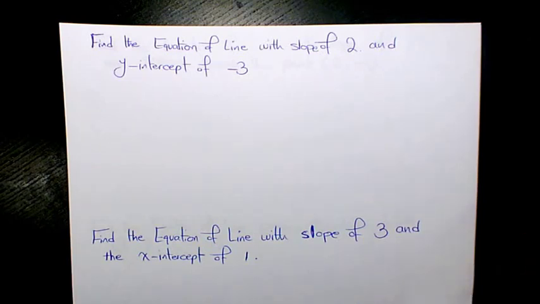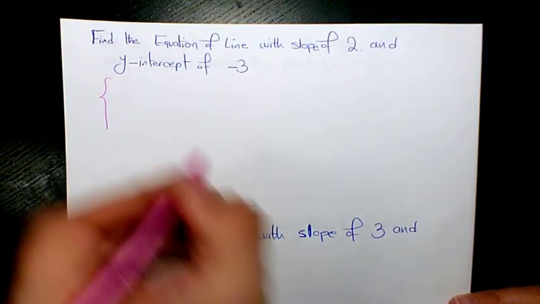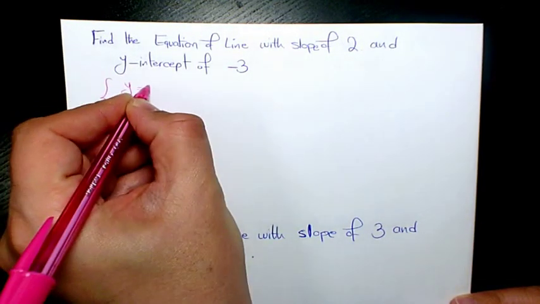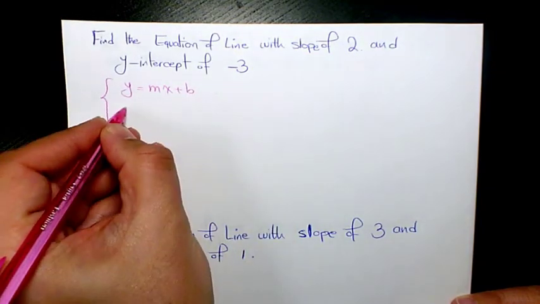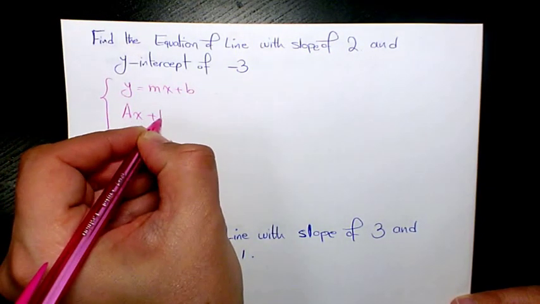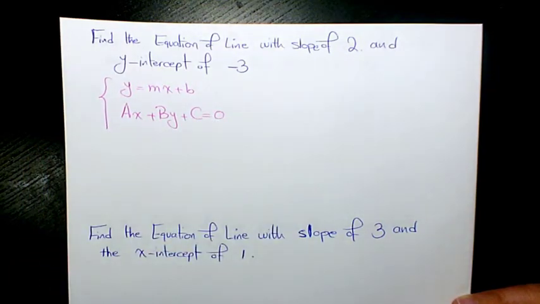So when we are talking about equation of line, we have two forms. One of them is like that, y equals to mx plus b, and the other one is going to be like ax plus by plus c equals to 0.